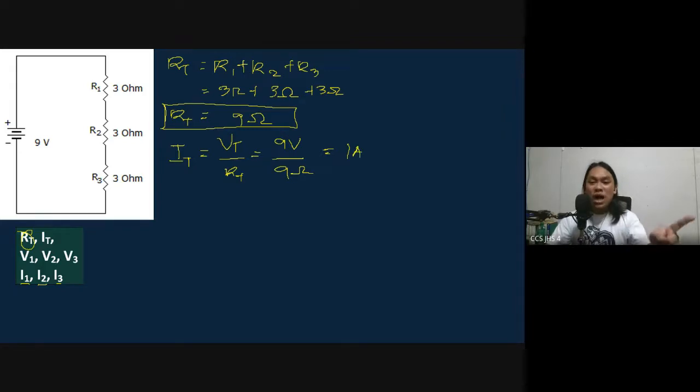Okay. So, since naa na tay value sa atong total current, diri na nato ma-apply ang condition from series circuit. So, the value of current is constant. So, 1 amp, which is the value of our total current, is also the value of our I sub 1, I sub 2, and I sub 3, or our individual currents. Okay? Put them inside the box.